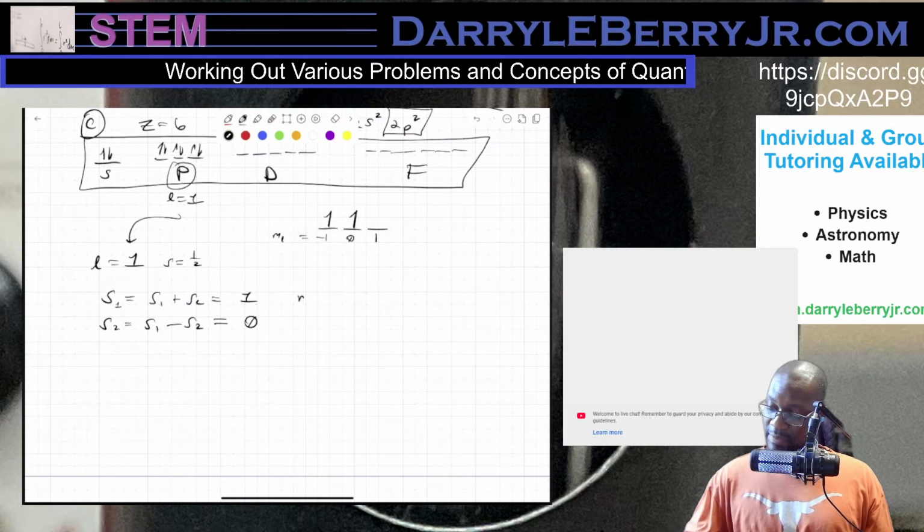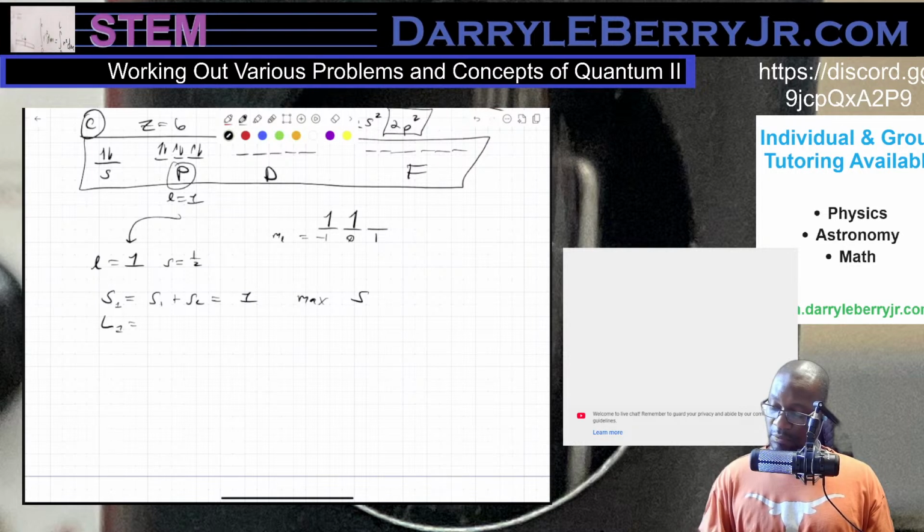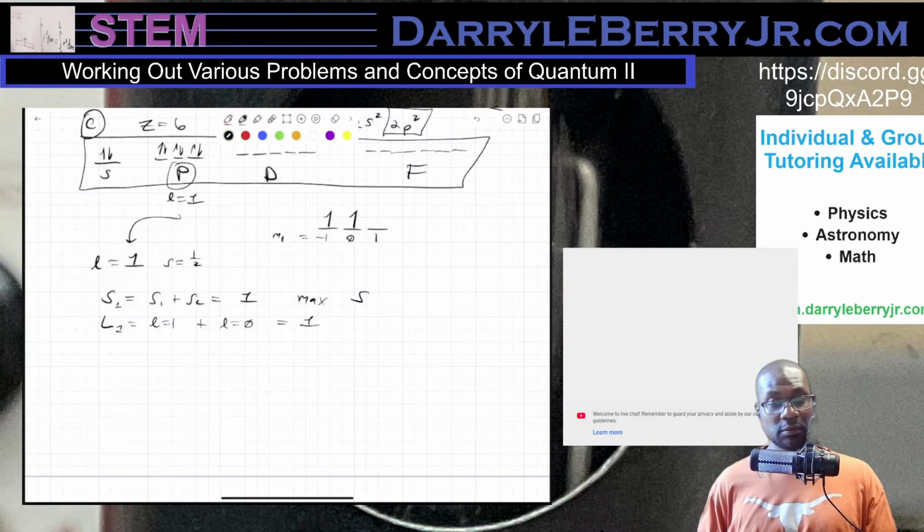So this is the max S. Big L equals L1 plus L2, which is 1 plus 0, which equals 1.